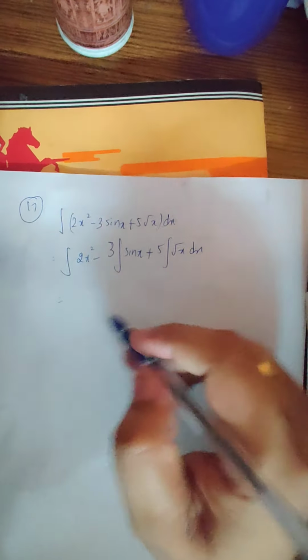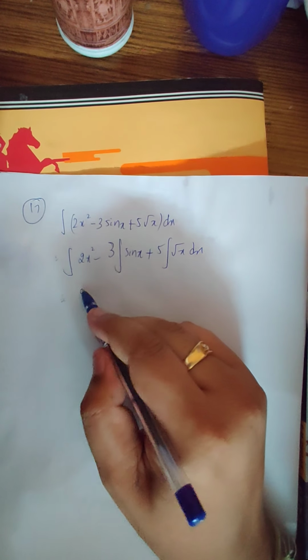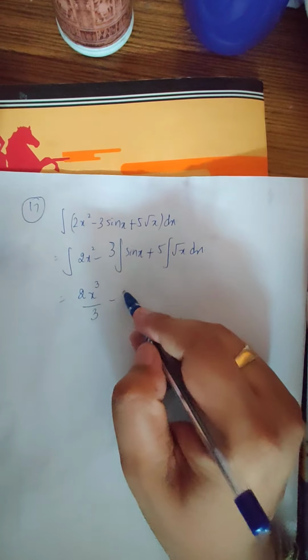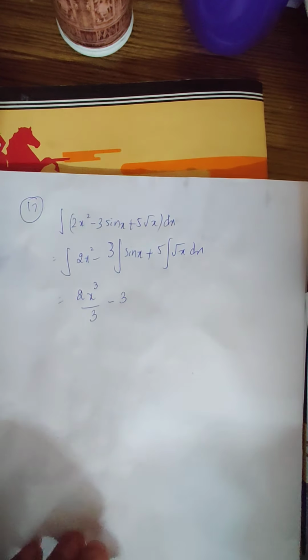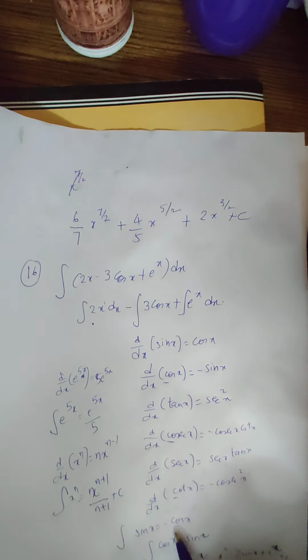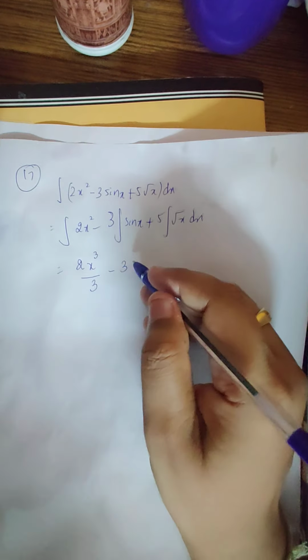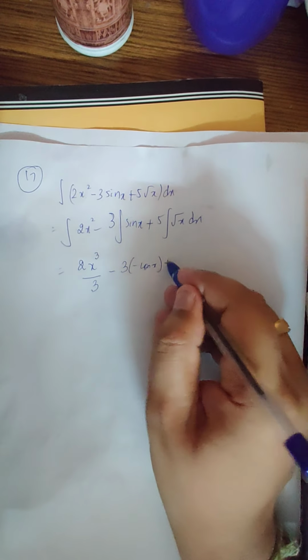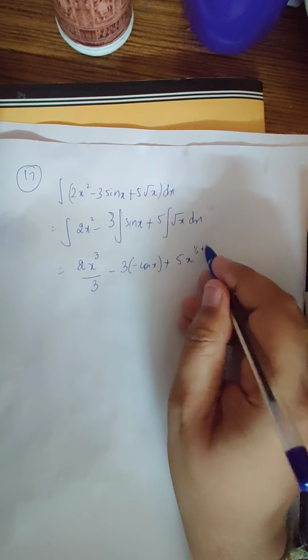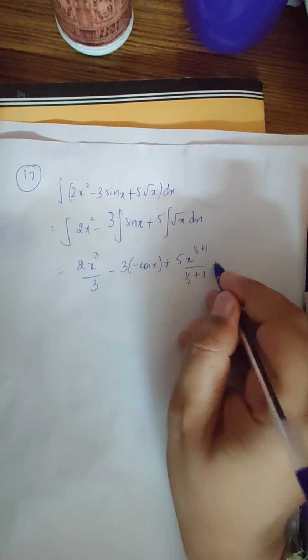Using the formula for integration of x power n, we get 2 into x power 2 plus 1, which is 3 by 3, minus 3 into integration of sin x. Remember students, integration of sin x will be minus cos x, so we directly write minus cos x, plus 5 x to the power of half plus 1 by half plus 1, plus c.